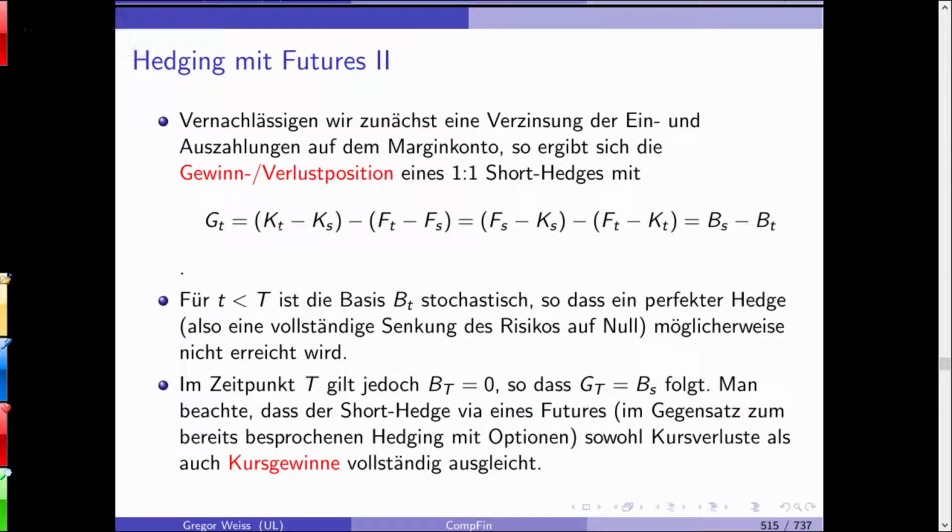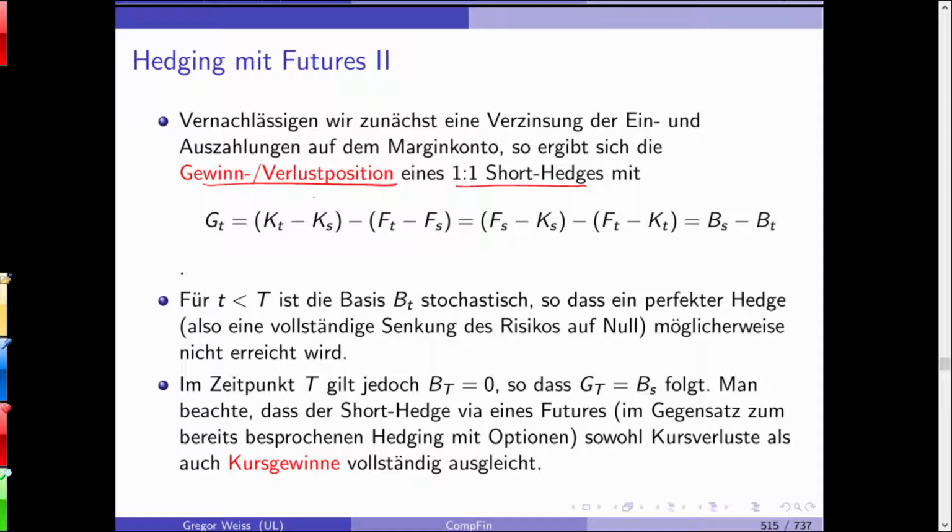Now, if we are neglecting any interest rate payments on the margin account, the profit and loss position of a 1-to-1 short hedge is given by, we have bought, let's start here.